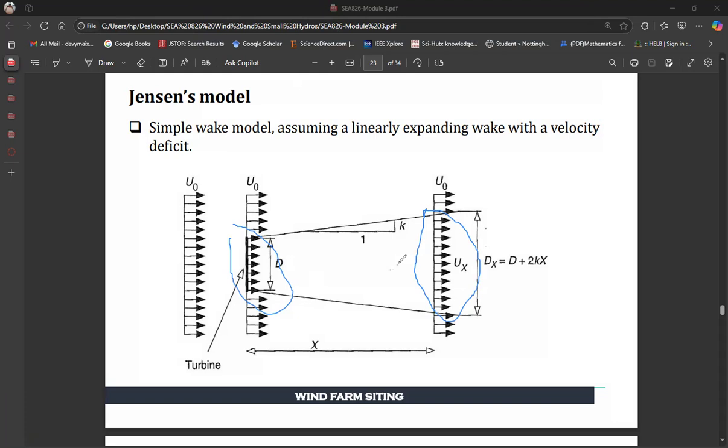So if you compare the wind speed here and the wind speed here, we see that the wind speed being experienced at the first turbine is very high because it is the initial speed, as compared to the speed experienced at the second turbine, which is given here as ux, which we are going to find out to know the changes.